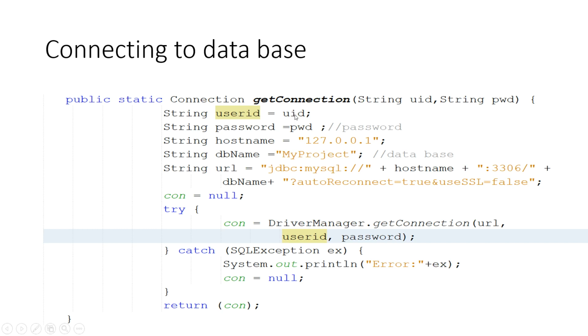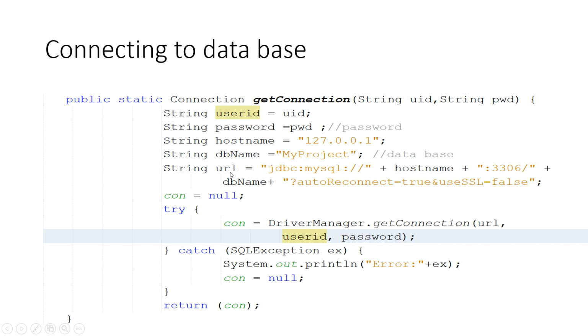These two are passed from the main program. One is the user ID, the other one is the password. The database server is hosted in the localhost, that is 127.0.0.1. As shown in the last video, the database project name is my project.